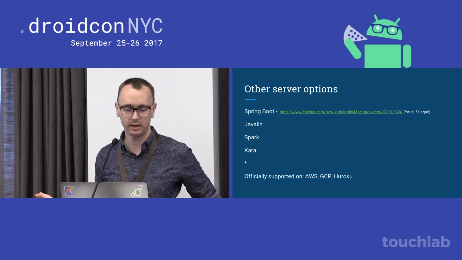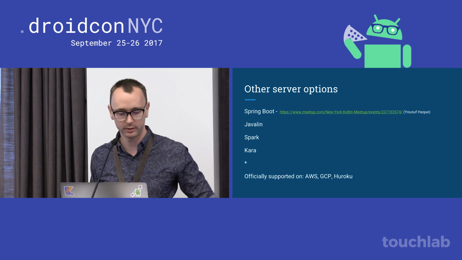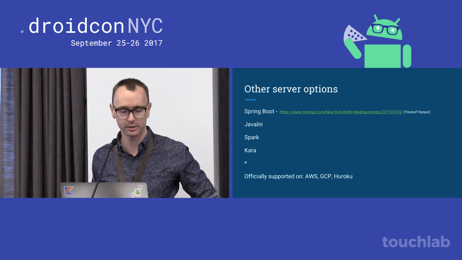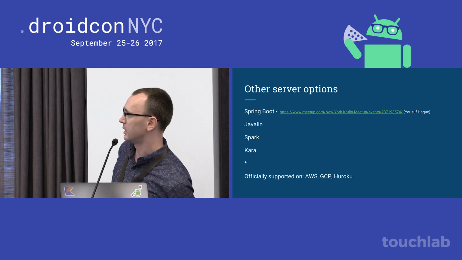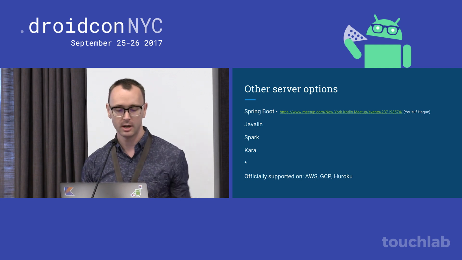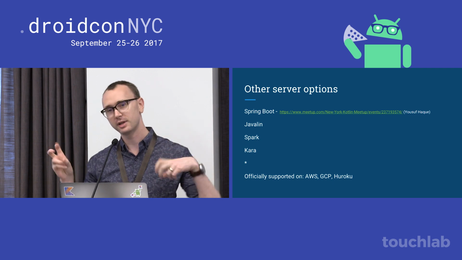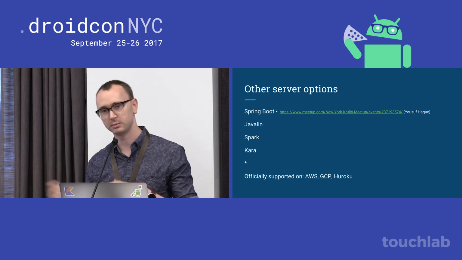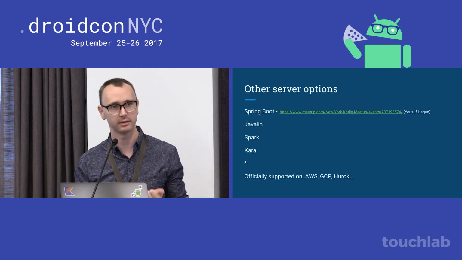Kara is another pure Kotlin web framework, and Kotlin's now officially supported on AWS, Google Cloud Platform, and Heroku, meaning they have a here's-how-to-get-started-with-Kotlin guide and show a small sample app.